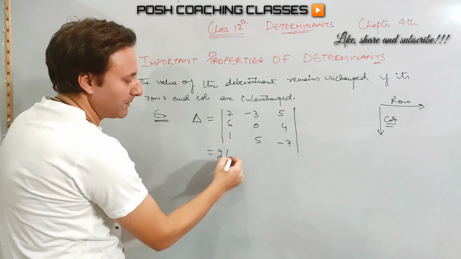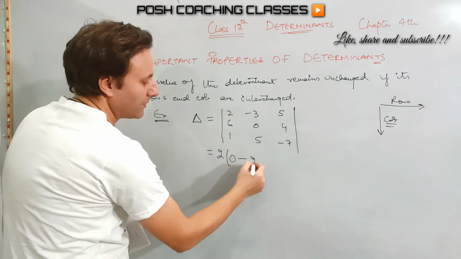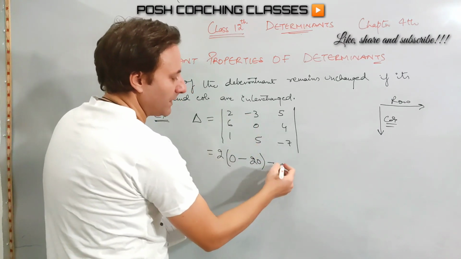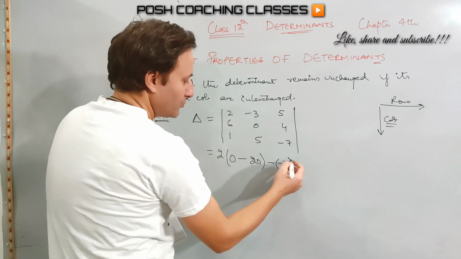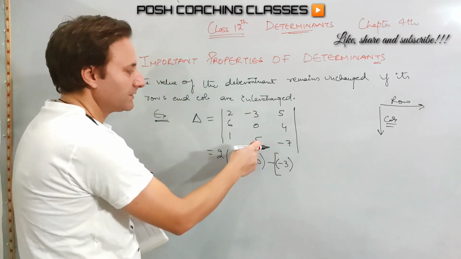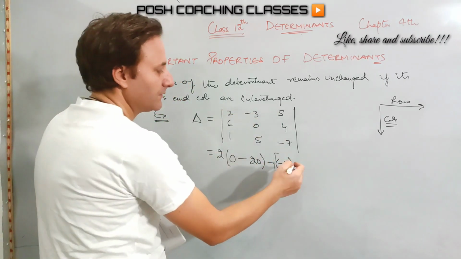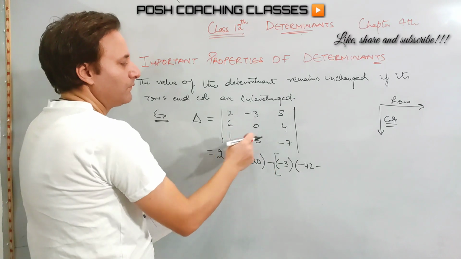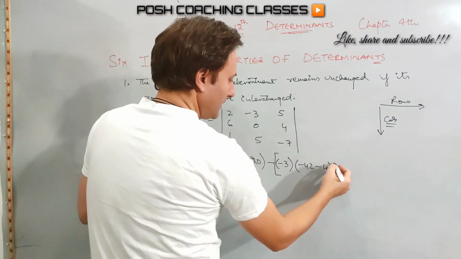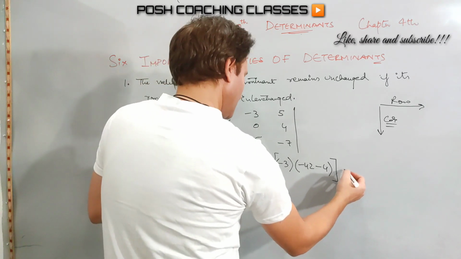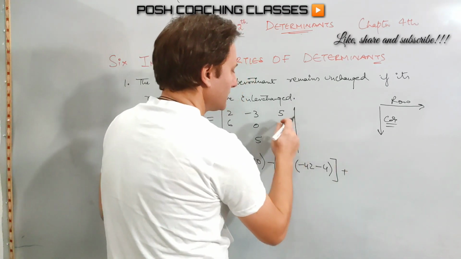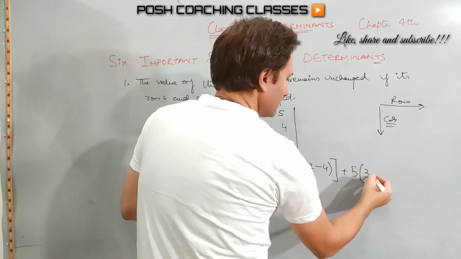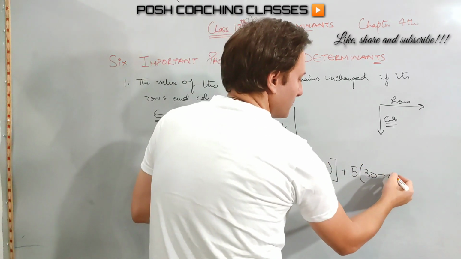We have 0 multiplied by minus 7, which is 0, minus 5 multiplied by 4 is minus 20. The signs alternate: positive, negative, positive. Then for minus 3, 6 times minus 7 is minus 42, 4 multiplied by 1 is 4. For 5, 6 times 5 is 30, minus 1 multiplied by 0 is 0.